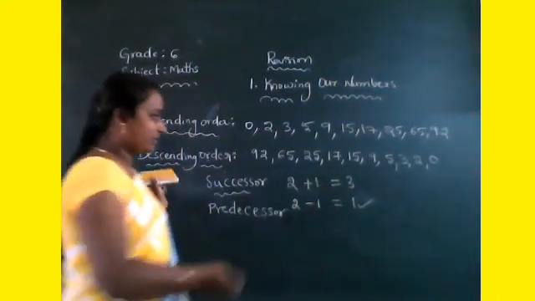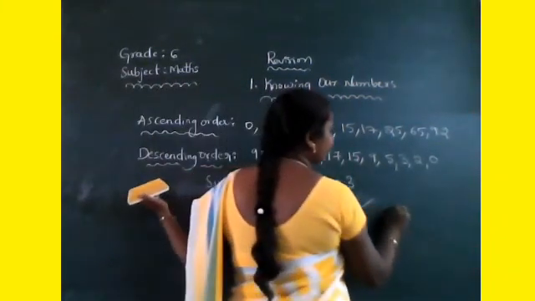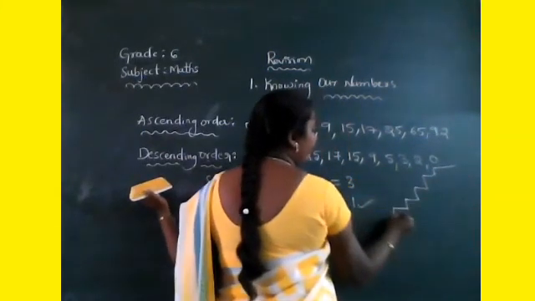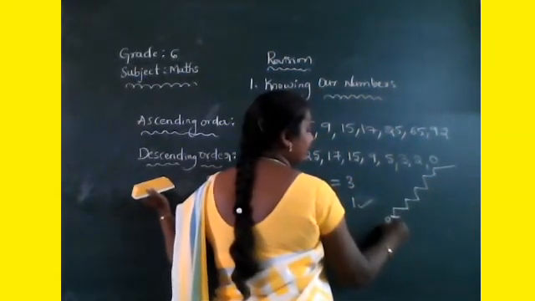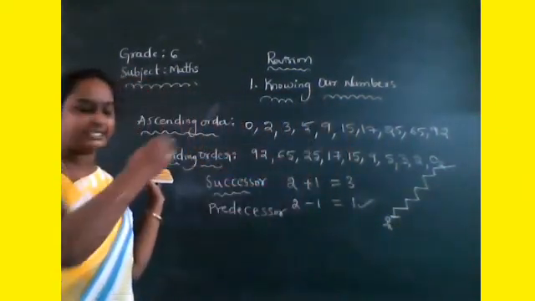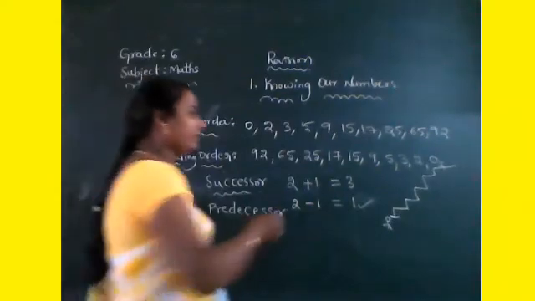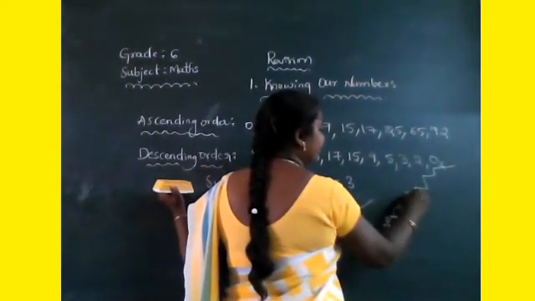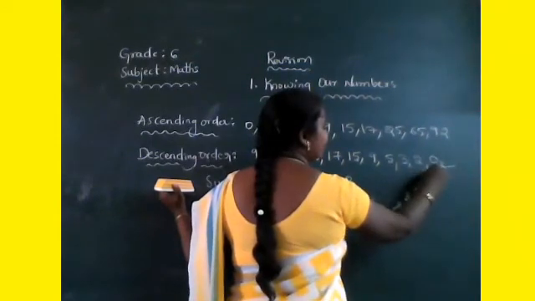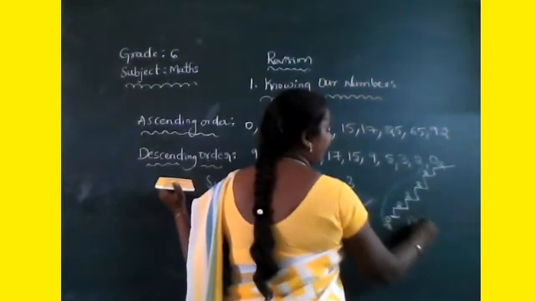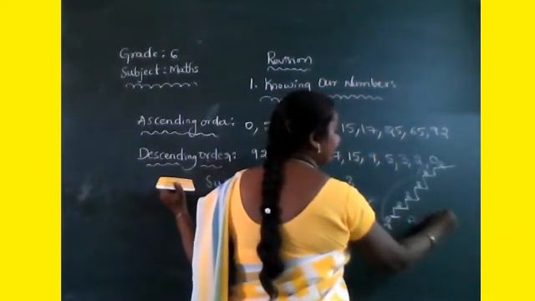I will explain with an example also. So here some steps are there. You have to reach from here to there. That means how to climb, how to reach that place. You have to go one by one. So this place to this is step 1, next step 2, like this. So this procedure is called ascending order.